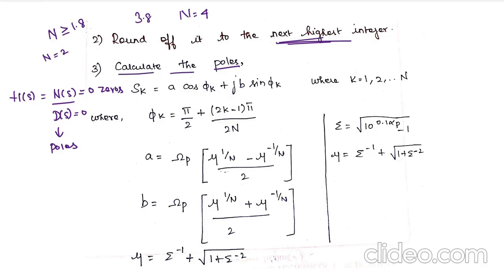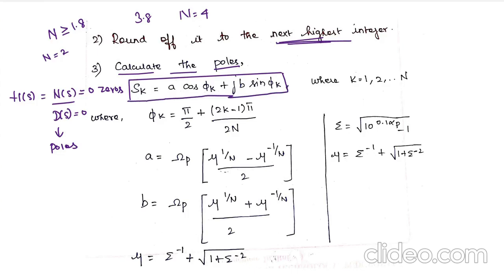Here we are going to calculate the denominator, for which we will use this formula: Sk is equal to a cos phi k plus jb sin phi k. Here each term has a separate formula.